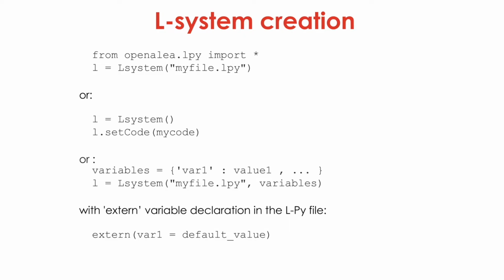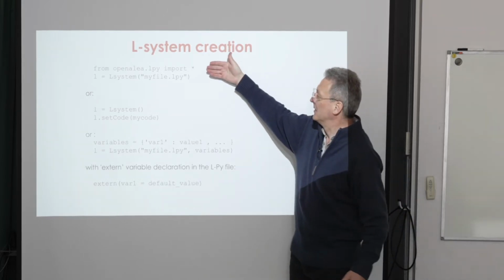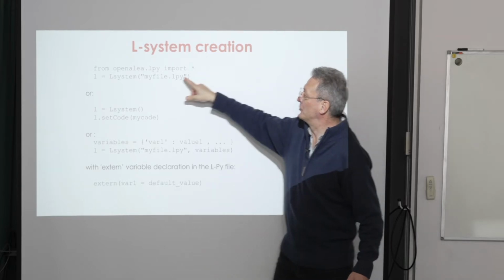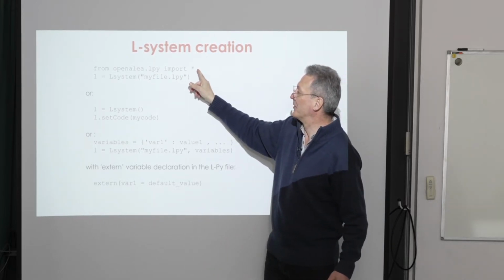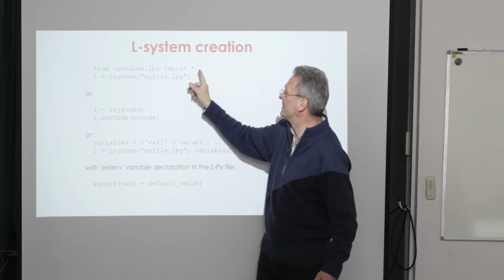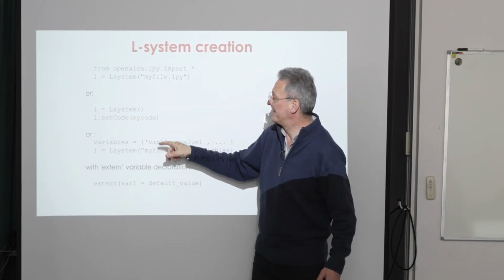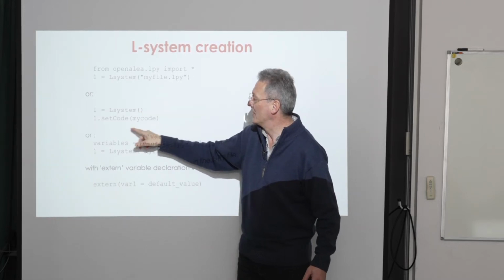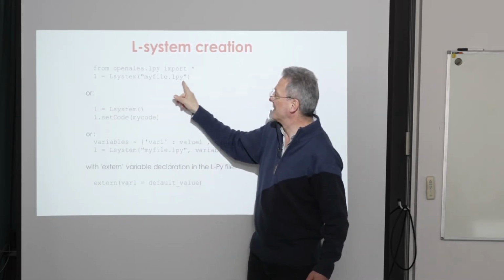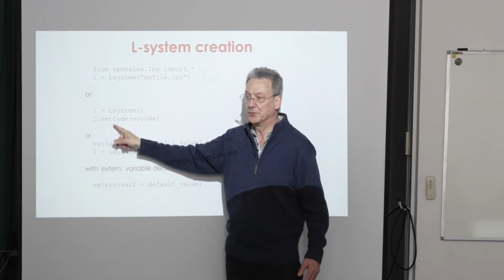Now, if we go through the different parts, you may do the different series of steps in different manners. So briefly, you need to import the functions of OpenAlea LPy, which, for instance, is L system, so it is imported here. You create your L system in this way with a name, or by giving the file, or by giving a string of characters that will correspond to your code.